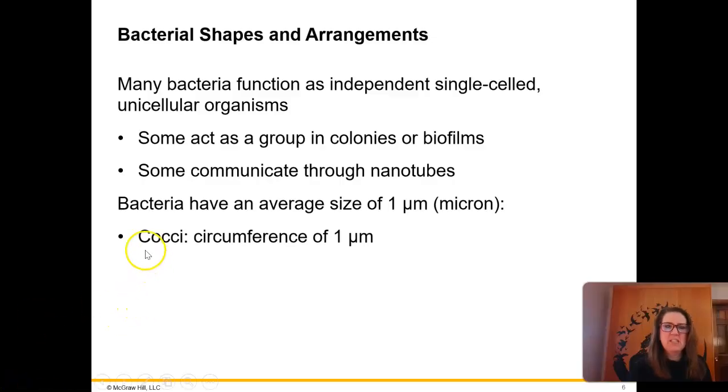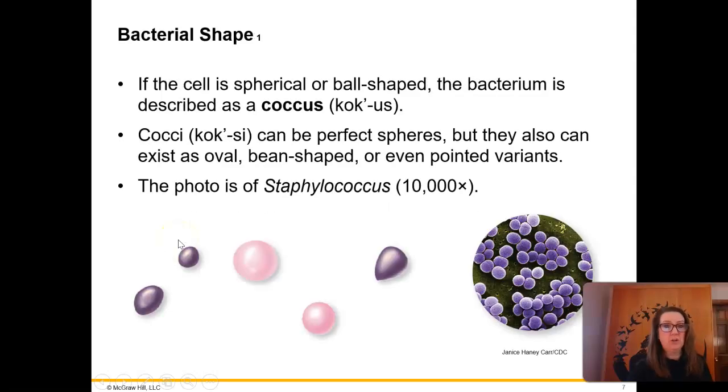Okay, one of the shapes is cocci, or singular coccus, which means essentially circular, round. So you can see in the far right-hand corner, there's a figure of stained coccus-shaped cells. They are round, but do know that to be perfectly round is not so ideal in nature. So they might look like a corn kernel, like this one here.